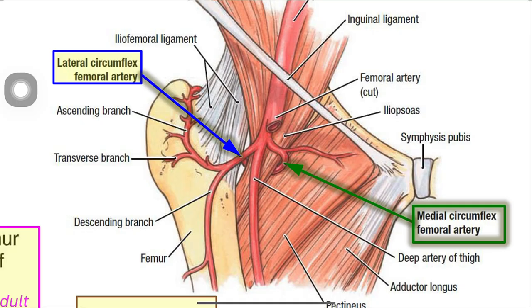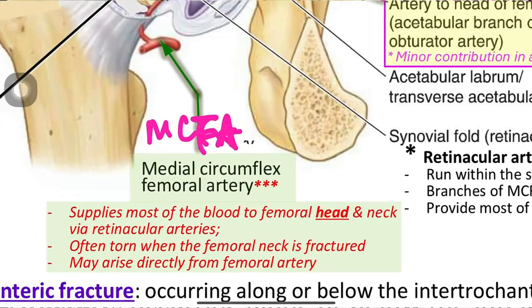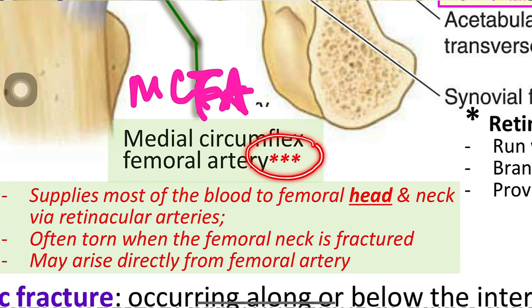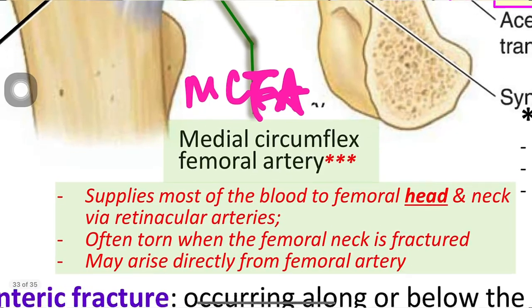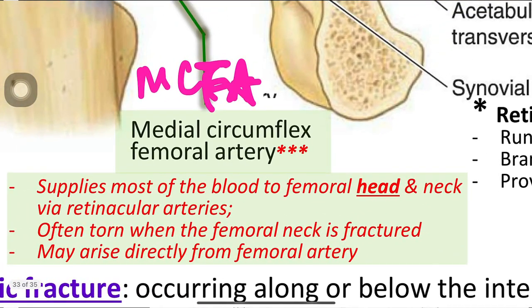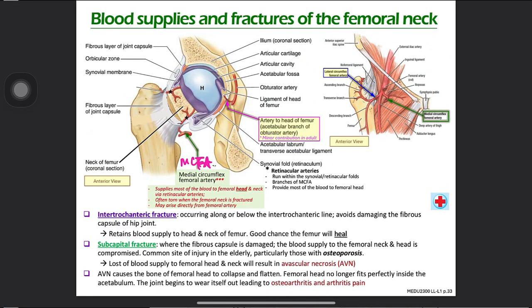One branch is called the MCFA here, and the other one here is called the LCFA, the lateral circumflex femoral artery. Of particular concern for this topic, we focus on the medial circumflex femoral artery because this one supplies most of the blood to the femoral head and neck, okay? So that gives you the idea about the arterial blood supply.